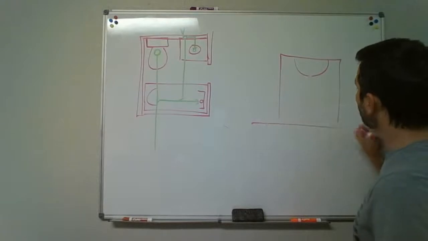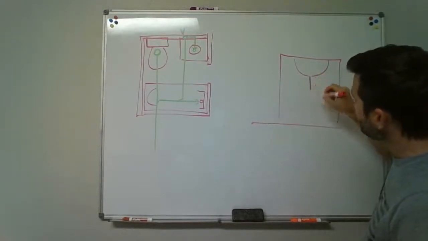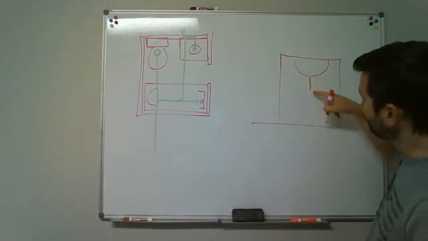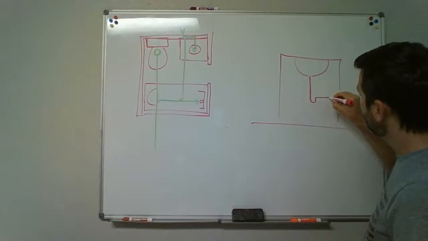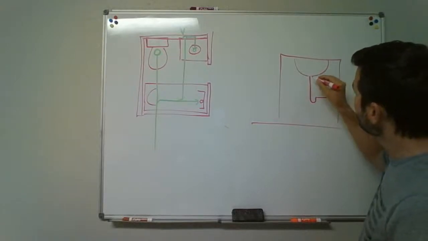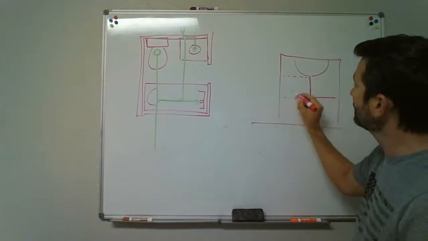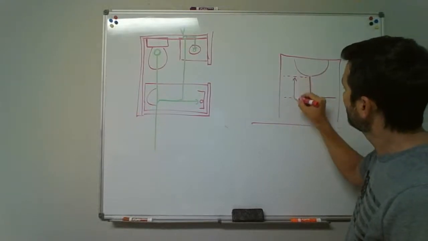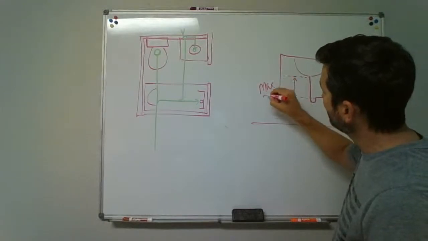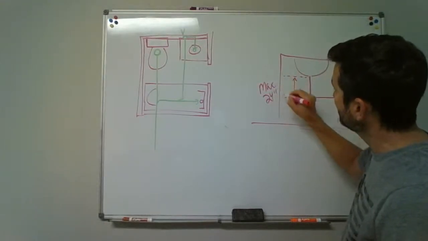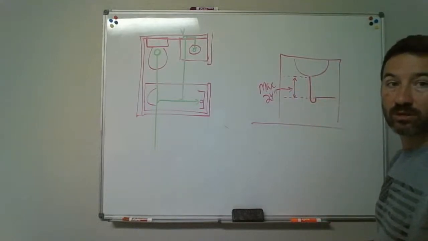So from the fixture outlet, the vertical drop down to the trap weir is a maximum of 24 inches right in here, okay? That drop could be no more than 24 inches.